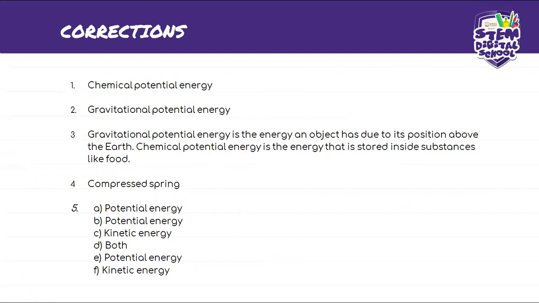First one, potential energy, gravitational potential energy. Gravitational potential energy is the energy an object has due to its position above the Earth. Take note of that. And chemical potential energy is the energy that is stored inside the substance, like food.